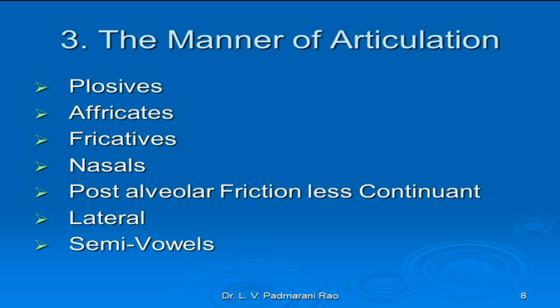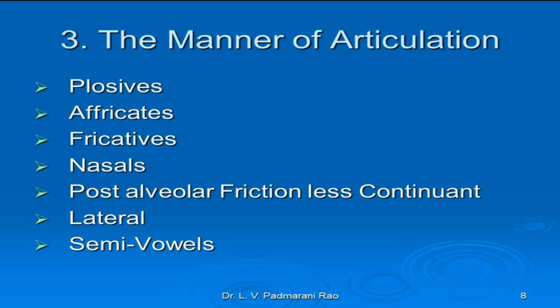The active articulator makes a complete contact with the passive articulator to form a complete closure. The soft palate is raised to block the nasal passage. First, a complete closure is observed in the passage of air at some point in the vocal tract. As a result of it, the air pressure is built up behind the closure. The closure is then suddenly released or removed.